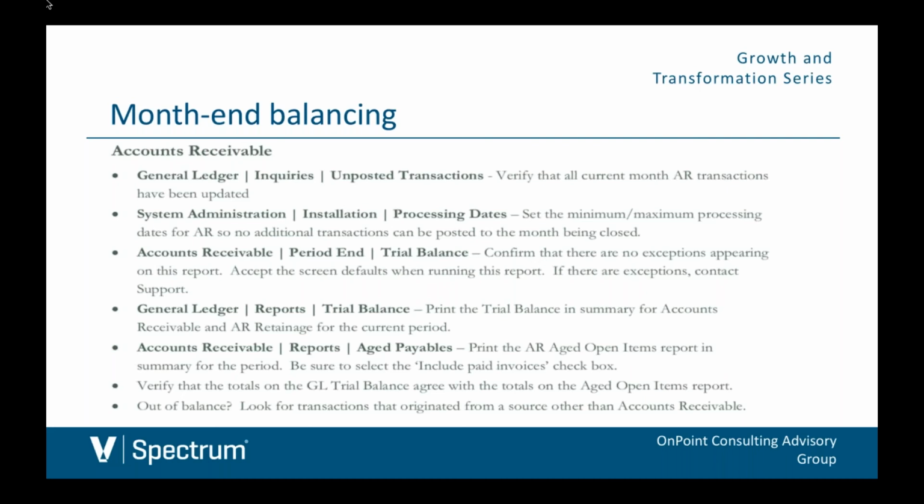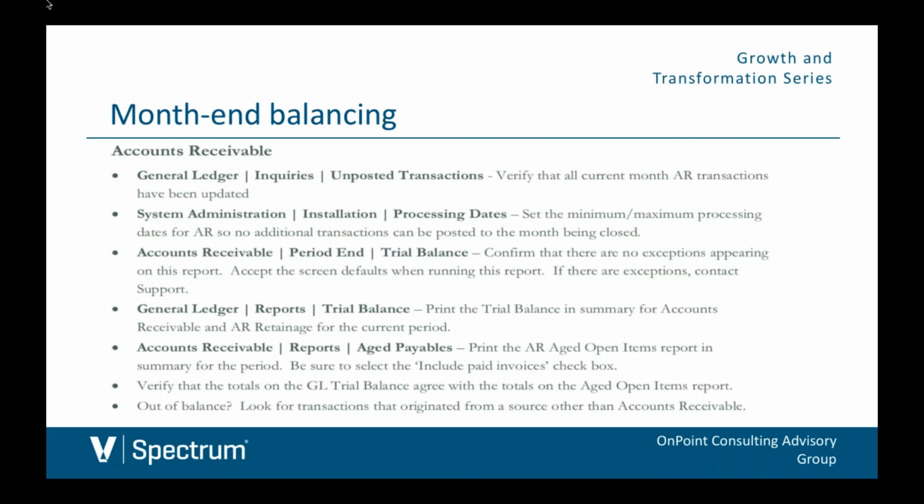Then you would do your aged open items. Sorry, it's not aged payables, it's the open items for your receivables. And make sure to include that include paid invoices checkbox on that report also. And then again, make sure that it's in agreement with the trial balance.